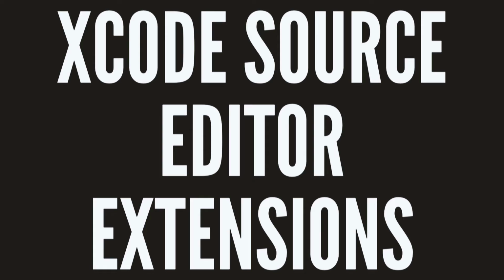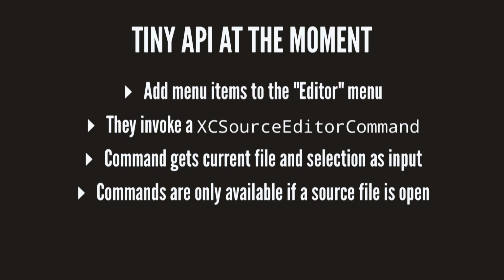So instead, we got these Xcode source editor extensions, which is quite a mouthful, but they actually have a really tiny API. Basically, we can add menu items to the editor menu. And each of those items corresponds to one XCSourceEditorCommand, which we'll see later what that actually is.